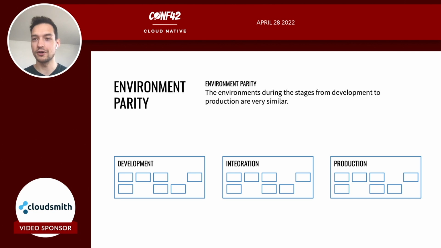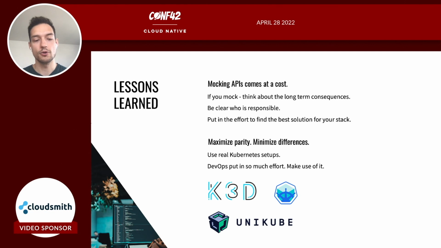However, of course, you have to think about how can I replicate my production environment on my local machine without being a Kubernetes expert and front-end developer in one person, right? Let me tell you about how we approach this. We think mocking APIs comes at a cost, and in the long term, it's hard to say if it's worth it or not. We're not really convinced. Let's put it that way.